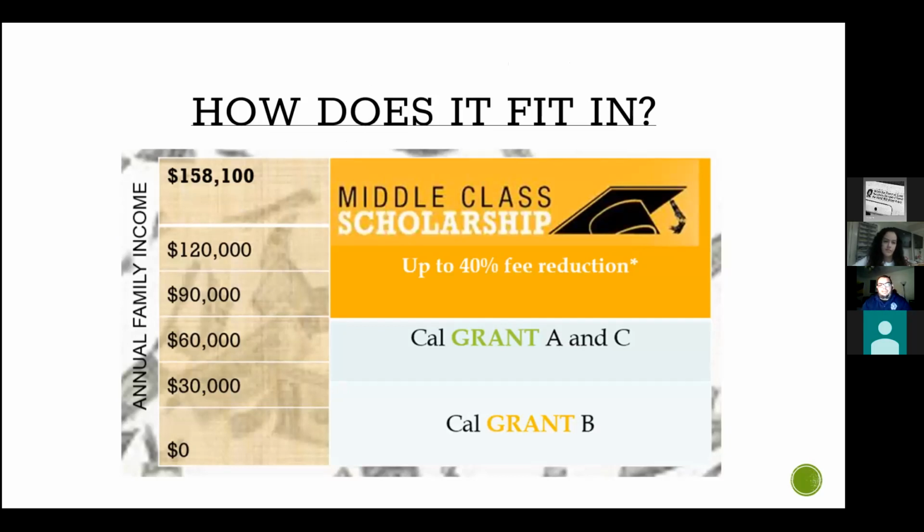For a Cal Grant B, you're looking at about $0 to $25,000. From 0 to about 60, you can get a Cal Grant A or C. Anything above, usually 90, they have 90 on this one, but it's usually like 120, you most likely will just get a Middle Class Scholarship and then maybe a loan or two offered. So it's a little breakdown of family income and what you might get offered.